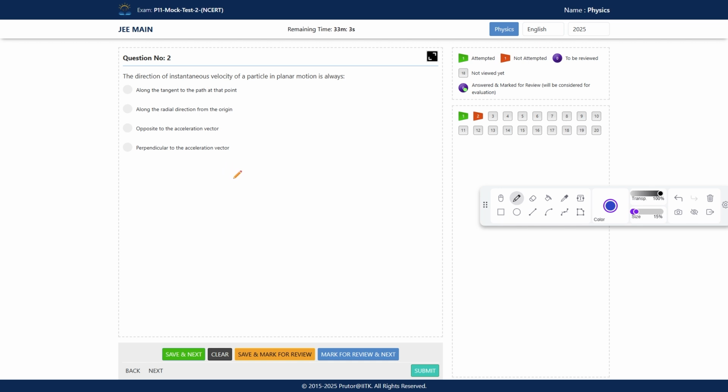We know the velocity vector is always tangential to the path of the particle at any given point and the direction of motion. So suppose we have a graph like this, y-axis and x-axis. Now the velocity of a particle in planar motion is always tangent to the path.